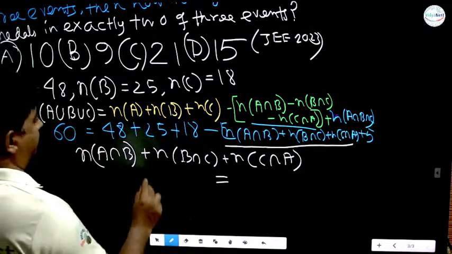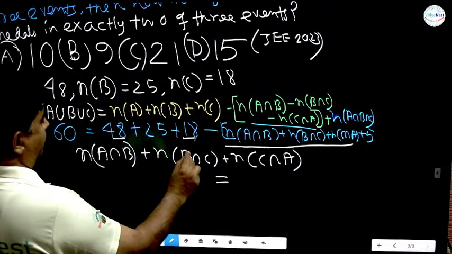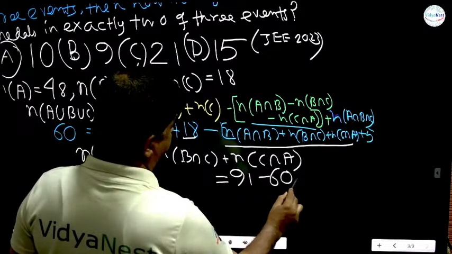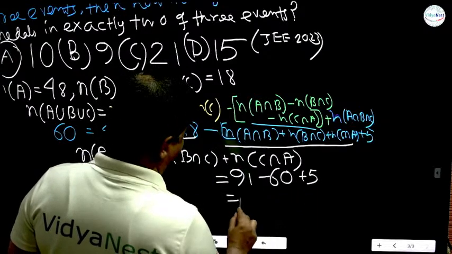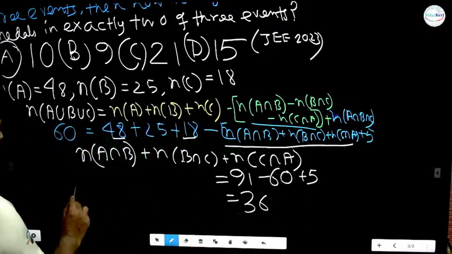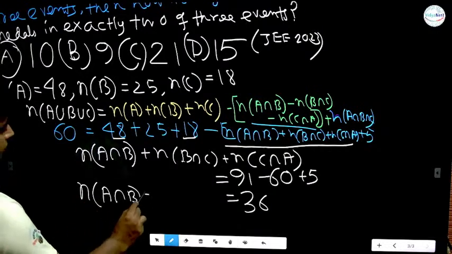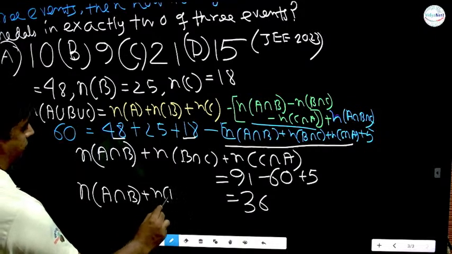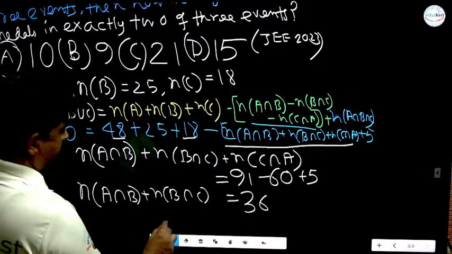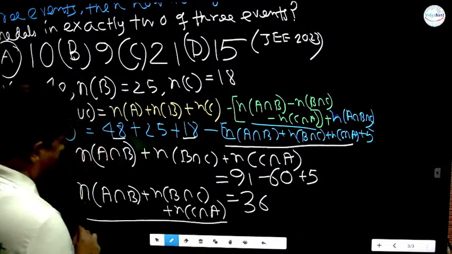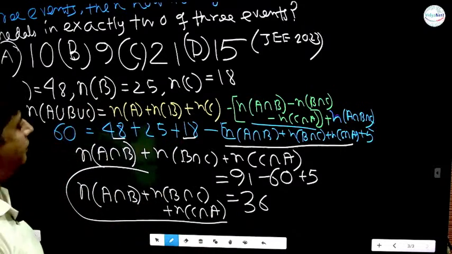This is 48 plus 18, 66, 91. That is 36. But that doesn't match with any option.